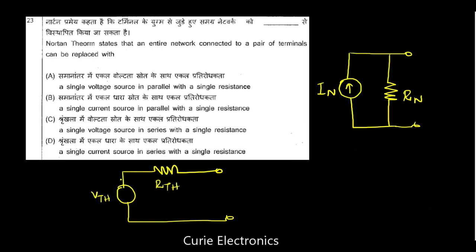This is Norton, and this is Thevenin. So what is the right answer here? Option B, a single current source in parallel with a single resistance.